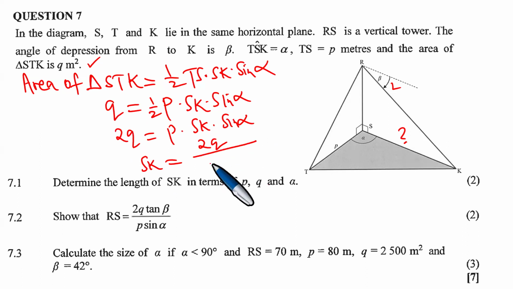So 2Q divided by P sine alpha. SK equals 2Q divided by P sine alpha. This is SK in terms of P, Q, and alpha. Any question?